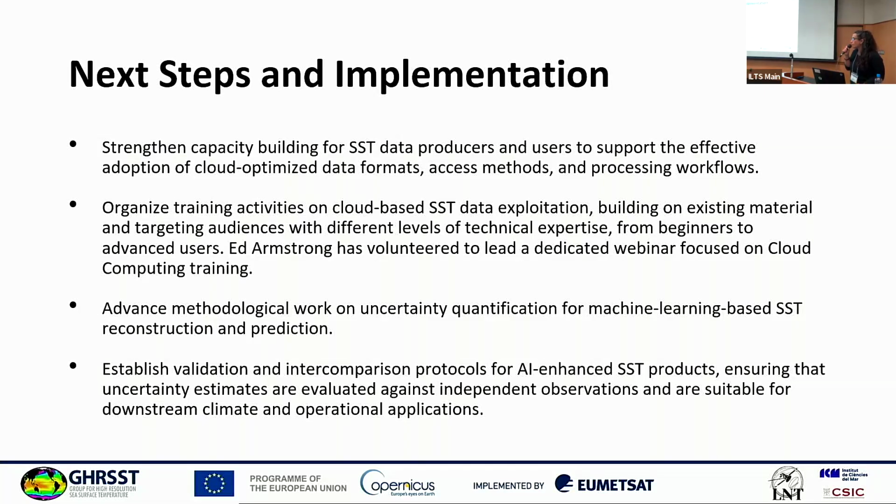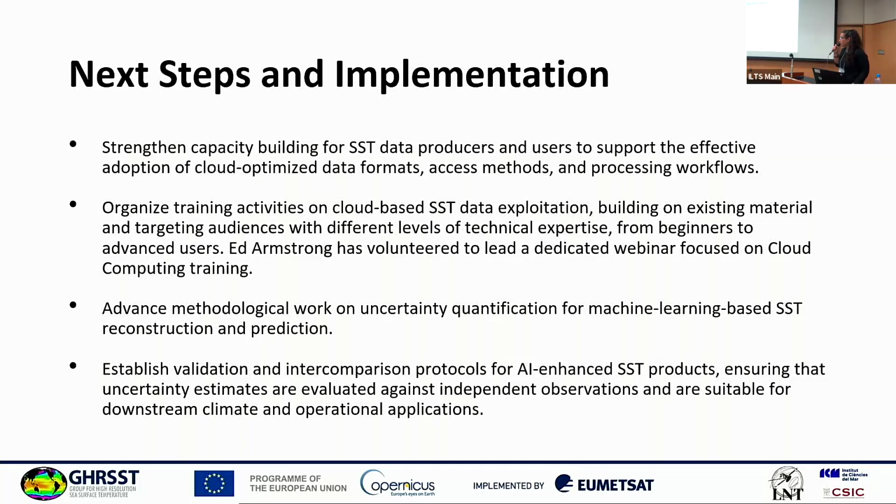There is the need to organize training activities on cloud-based SST data exploitation, building on existing material and targeted audiences with different levels of technical expertise, from beginners to advanced users. So Ed has volunteered to lead a dedicated webinar focused on cloud computing training in the next month, I don't know.